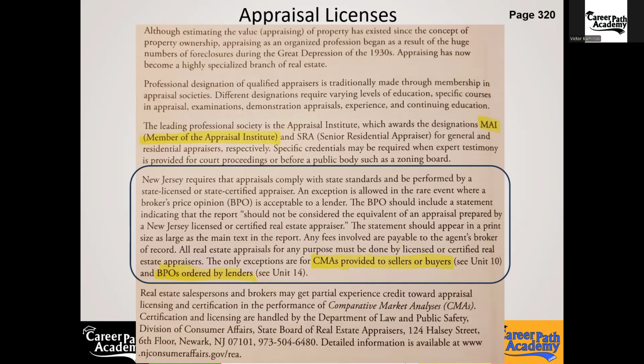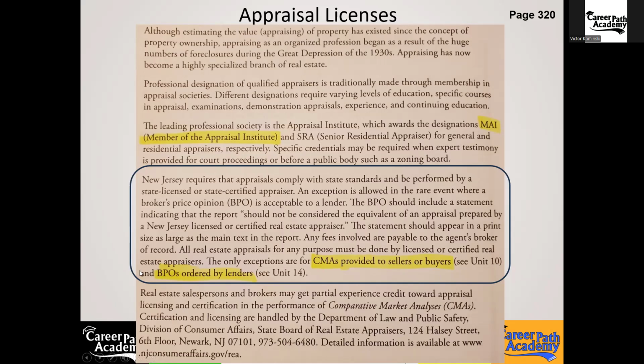Only your broker. So all real estate appraisals for any purpose must be done by a licensed or certified real estate appraiser. The only exception is for CMAs provided to sellers or buyers and to BPOs that are ordered by lenders. So this is when we as real estate agents conduct these valuations.